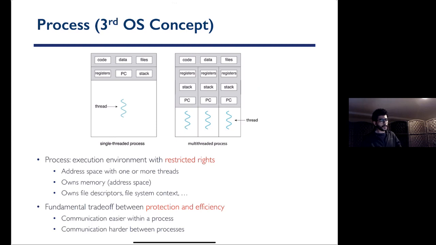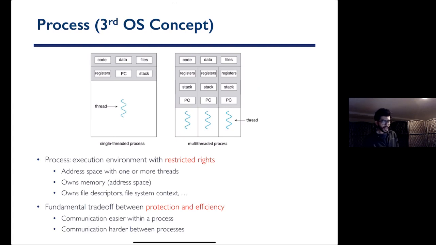Now, a process kind of encapsulates the first two concepts, the first concept being thread, and the second concept being address space. So if I were to just define a process, it's an execution environment with restricted rights.